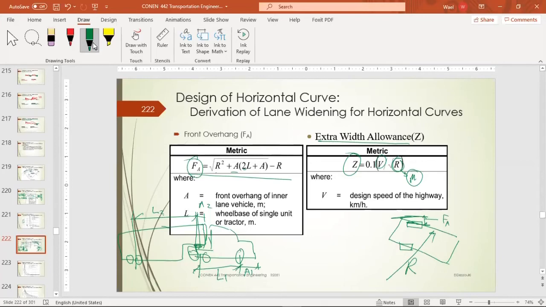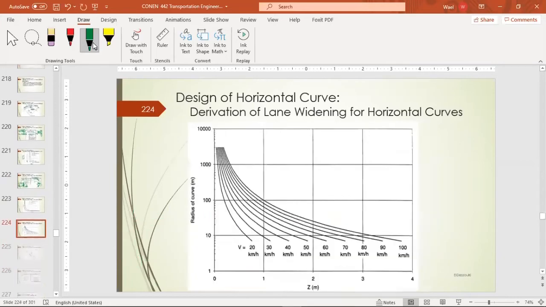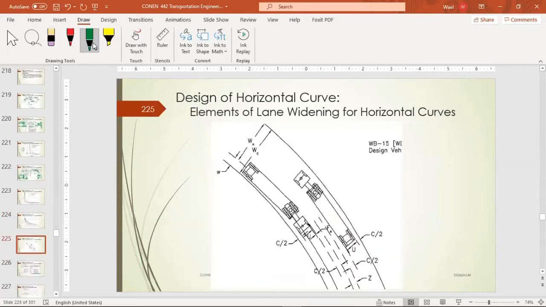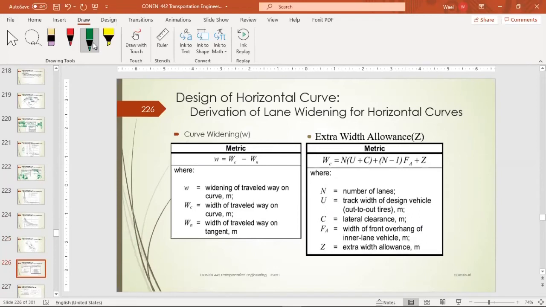So as we can see, there are several components that add to this. Okay, so basically the curve widening, how much we need to increase the width of the curve. The curve widening, W, is WC minus WN.